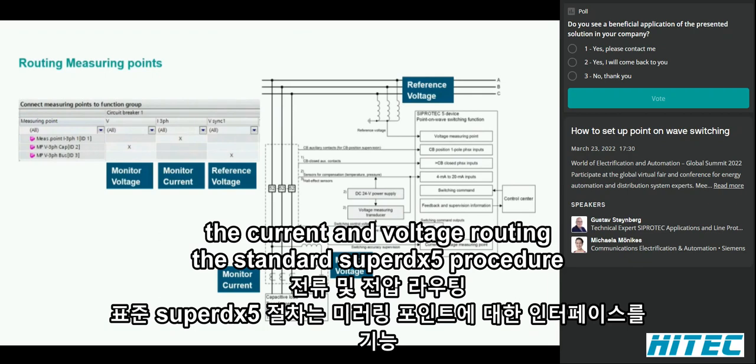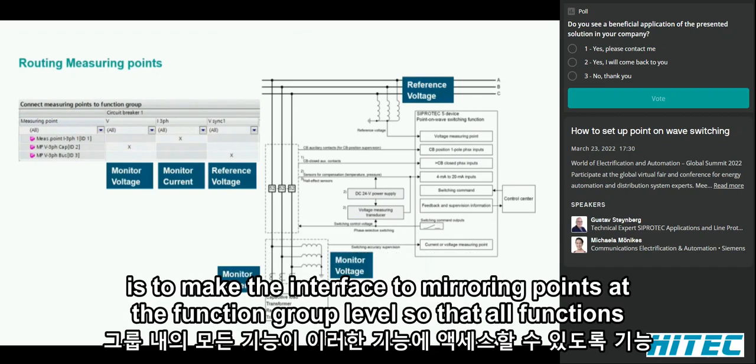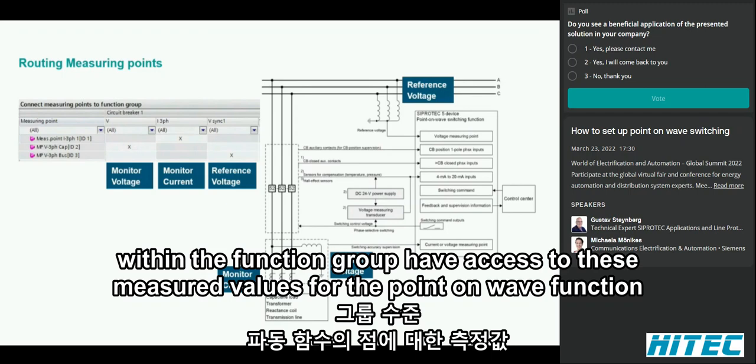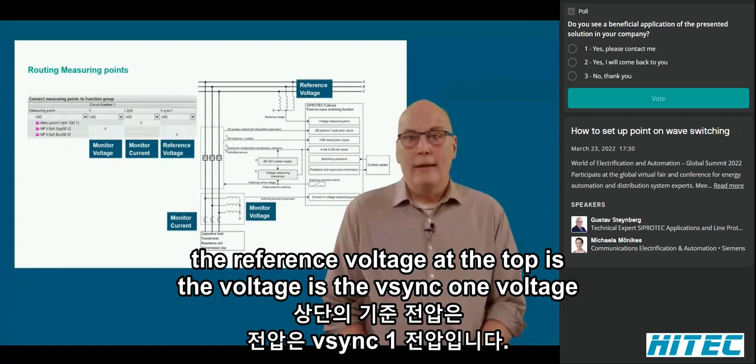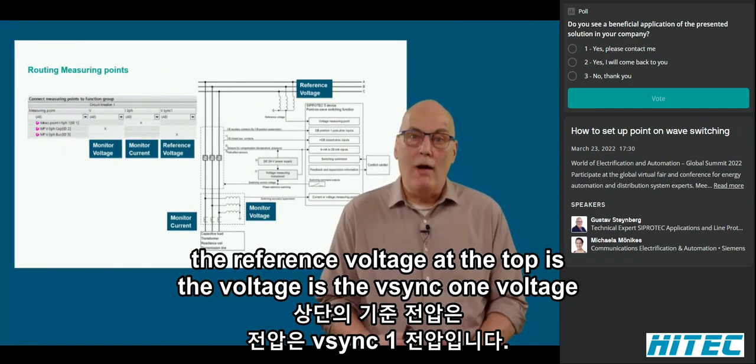For the current and voltage routing, the standard SIPROTEC 5 procedure is to make the interface to measuring points at the function group level, so that all functions within the function group have access to these measured values. For the point-on-wave function, the reference voltage at the top is the VSync1 voltage.